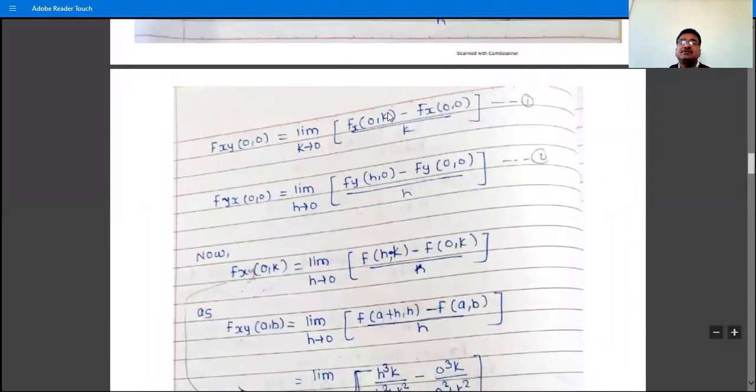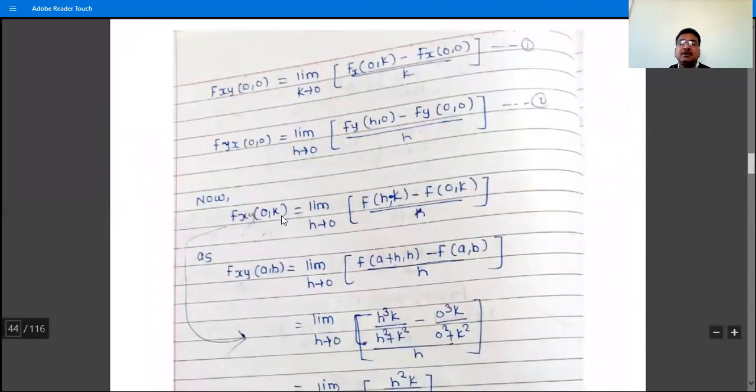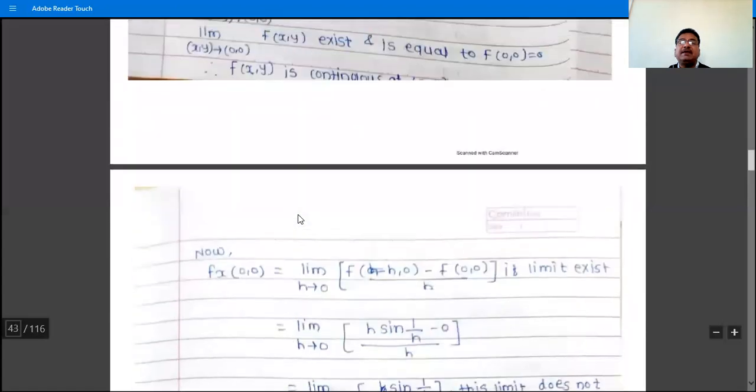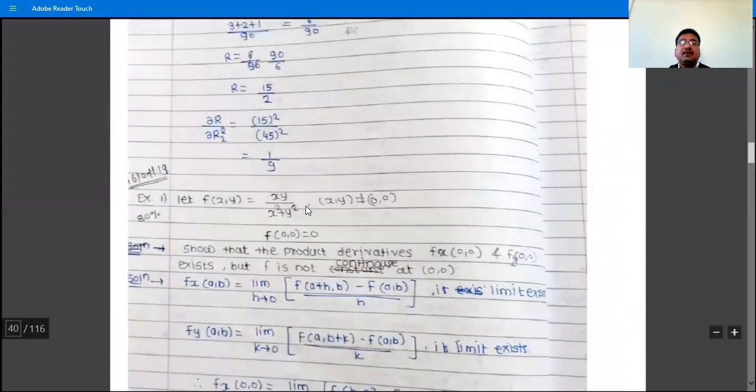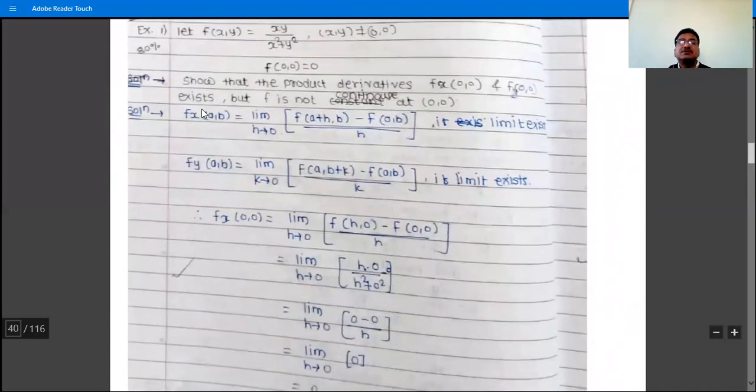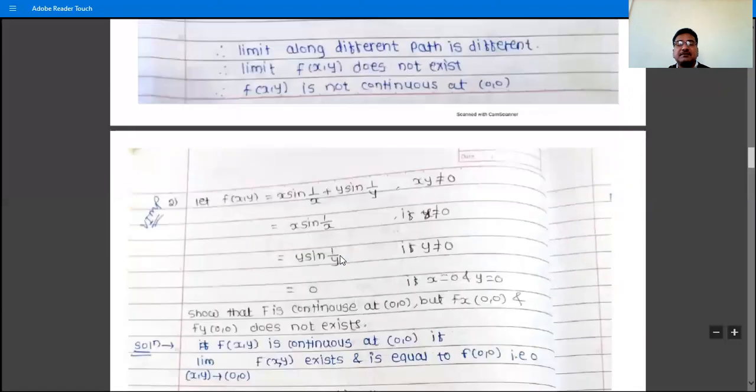Then find fx(0,k). Fx(0,k) is fx(a,b), so substitute a as 0 and b as k in the definition.